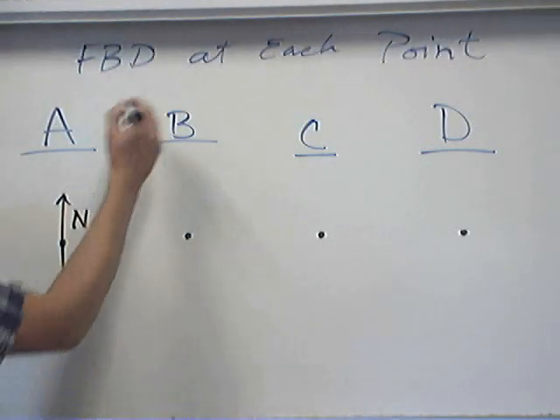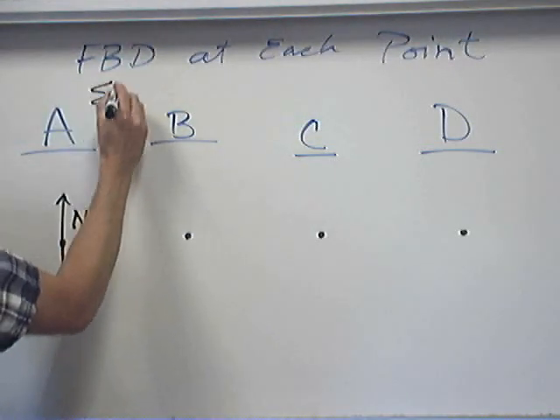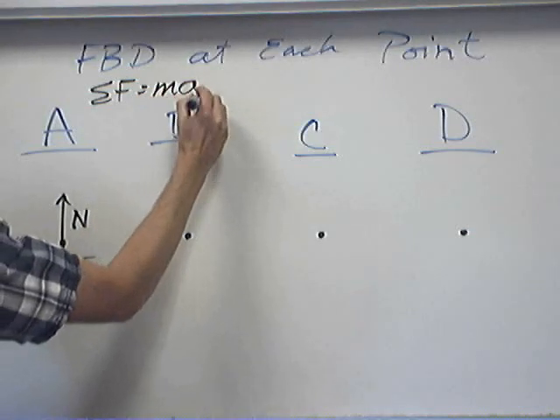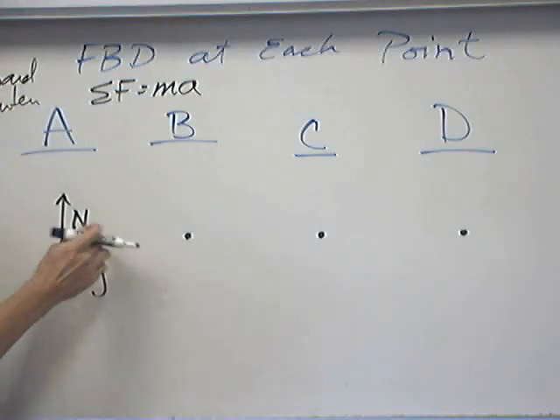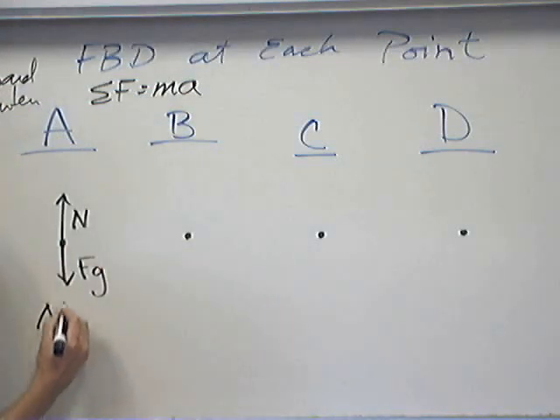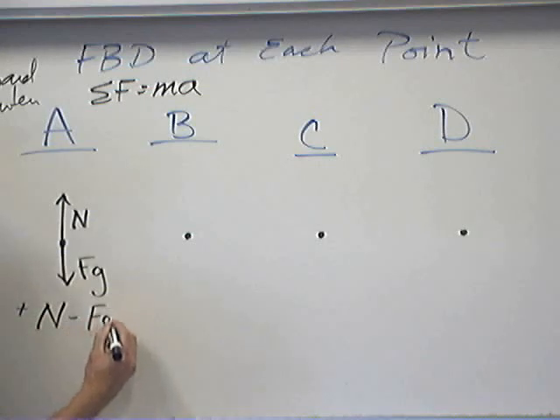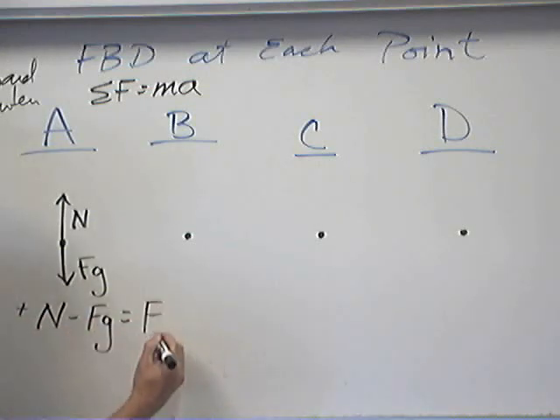I'm going in a circle. So remember, in each one of these, the sum of the forces has to equal ma. So now, towards the center is positive. I'm going towards the center. That's positive n minus the force of gravity. That's going to equal my centripetal force.